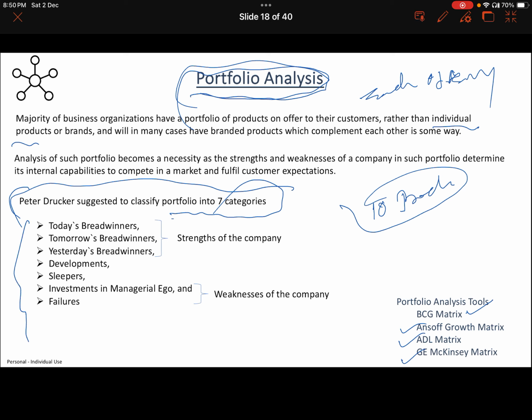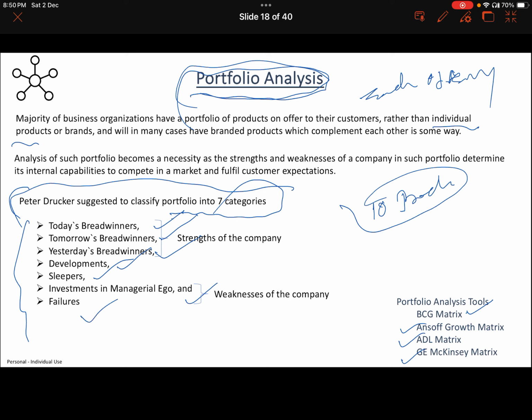these categories. Products which are today's breadwinner, products that are tomorrow's breadwinner, yesterday's breadwinner, products which require development, products which are sleepers, products which are introduced as a managerial ego, and then failures.